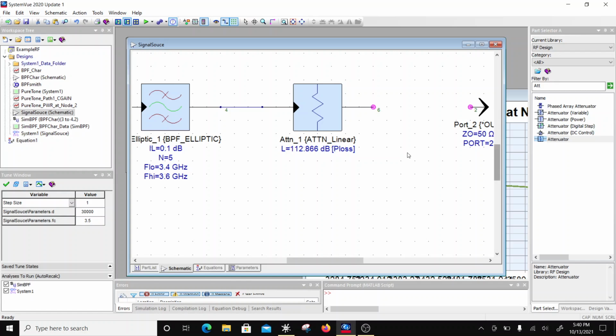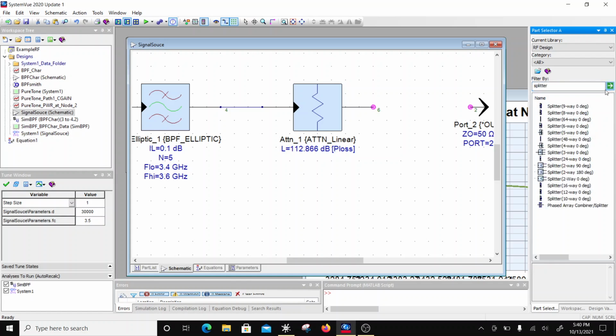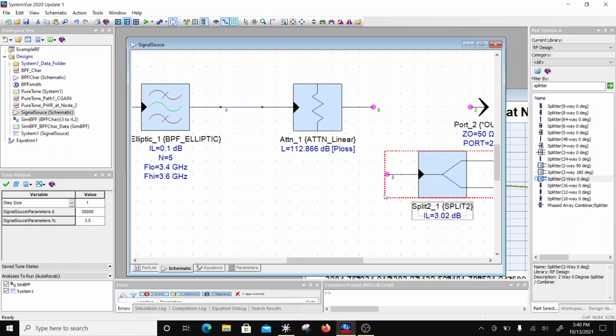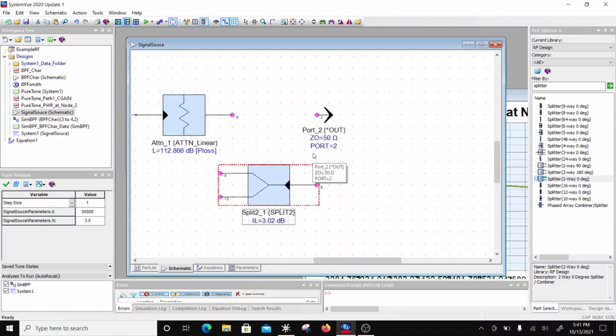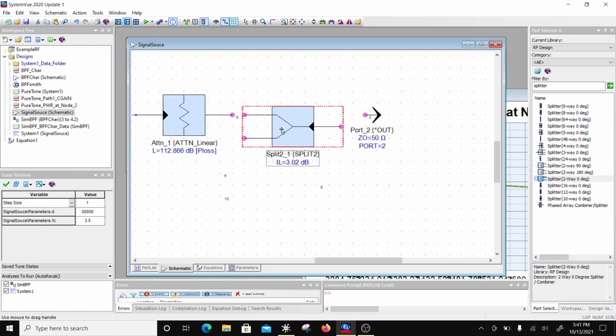So let me show you what I'm going to add. I'm going to add noise. So I will go to splitter. So a two-way splitter with 0 degrees. And then I am going to mirror this out. And that splitter I'm going to keep here. So here I can inject noise.